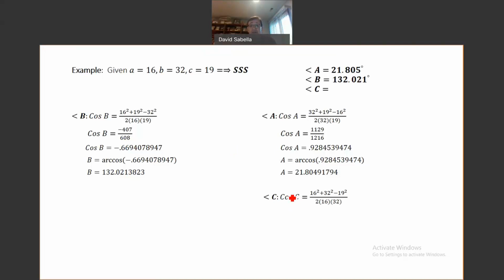So now I look for cosine of angle C, and so I plug in A squared plus B squared minus C squared over 2 times A times B. In a calculator, that gives me 919 over 1024, which is the decimal 0.897. So C equals the arc cosine of that number. And finally, in the calculator, that gives me a value of C of 26.173699979, and rounded, that is 26.174 degrees.